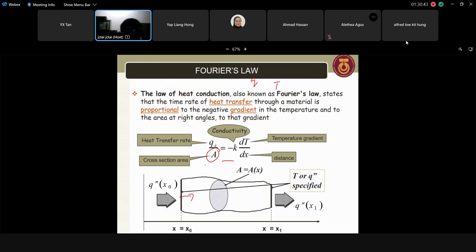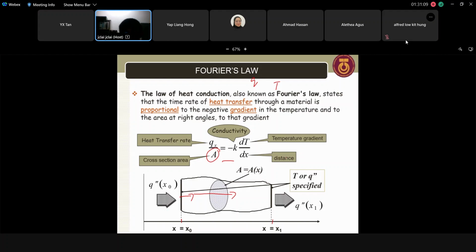Here you see heat is being transferred from x0 to x1, right? So this A is the area normal to this direction, 90 degrees. This is very important.